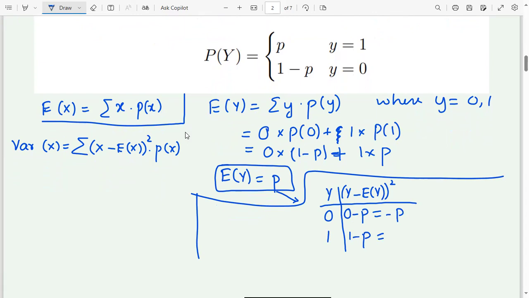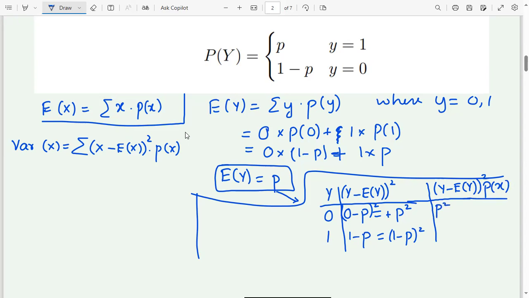Once you square this term, your answer is going to be p squared and 1 minus p whole squared. Multiply this whole thing with the probability, and the moment you calculate the summation, you will get your answer.